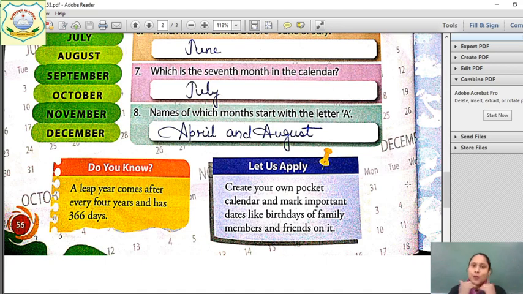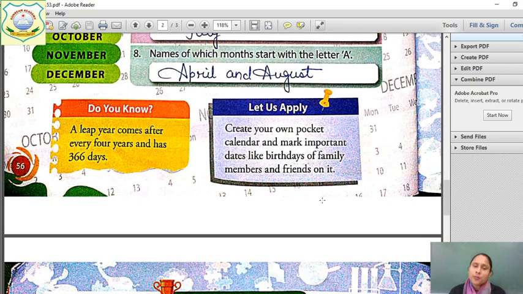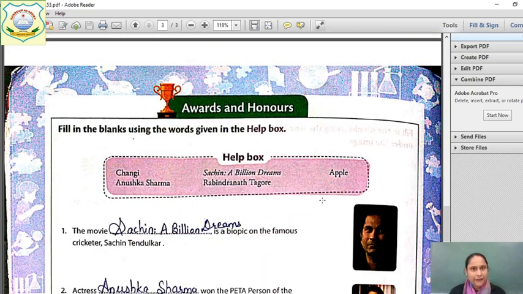Okay. And total days also increase in a year. और जो पूरे साल भर के जो दिन होते हैं वो भी बढ़ जाते हैं एक दिन. And this 365 days increases to 366 days. Right? So children, this completes your page number 56. Now we move ahead with page number 57.